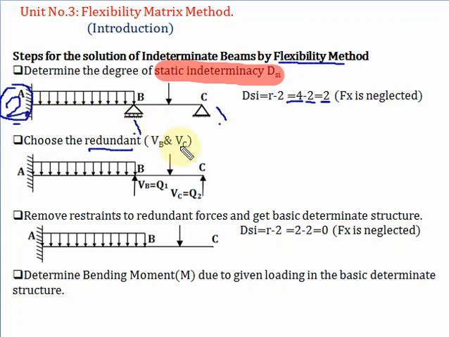This structure will not be stable. It will be an unstable structure. So we cannot consider the moment at A and vertical reaction at A as redundant. So here we'll consider the vertical reaction at B and vertical reaction at C as redundant. Okay, here we'll assign the vertical reaction at B as our first unknown and vertical reaction at C as our second unknown.